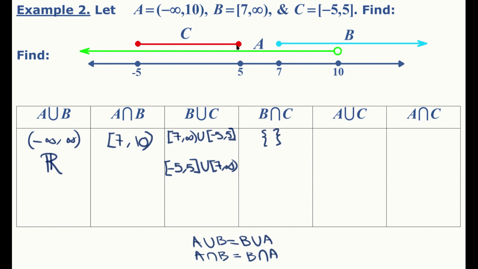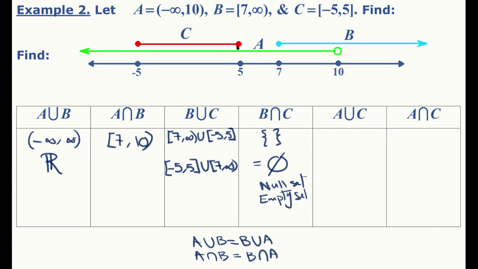That indicates that the intersection is empty. Or better yet, you could use this more common notation, which is kind of a big O with a bar through it. It's called the null set or the empty set.